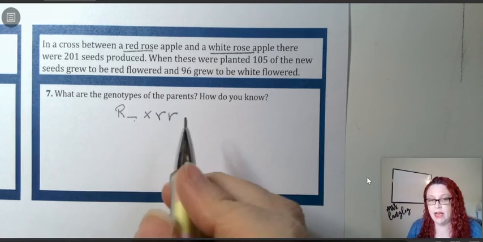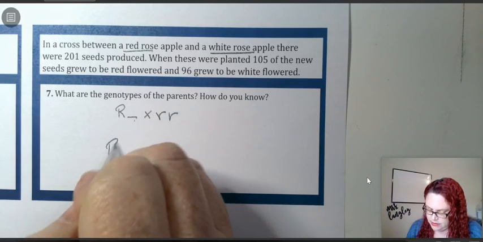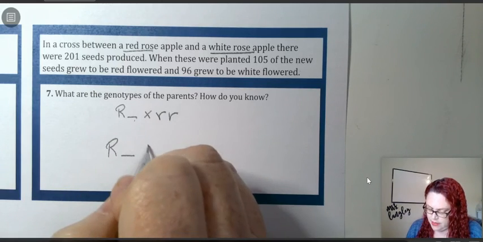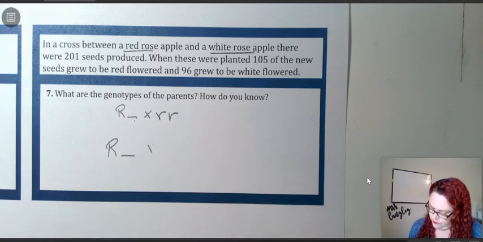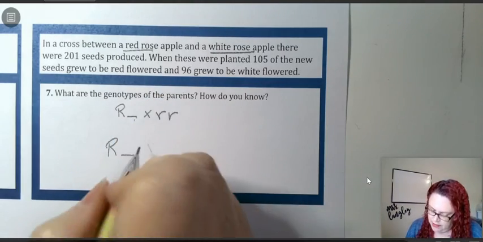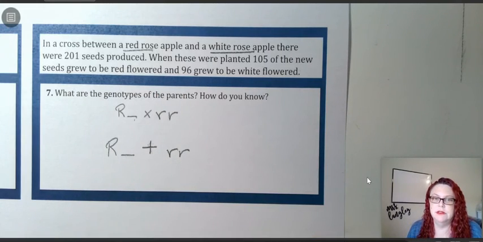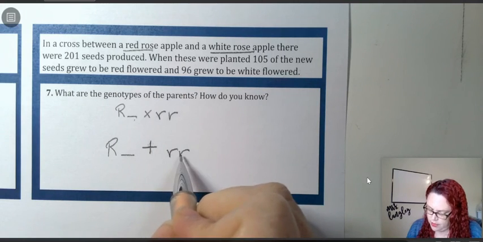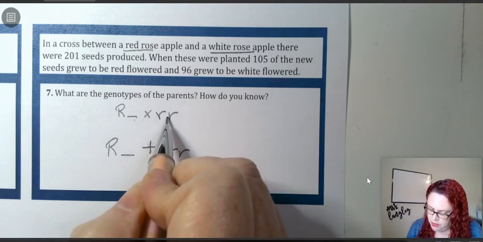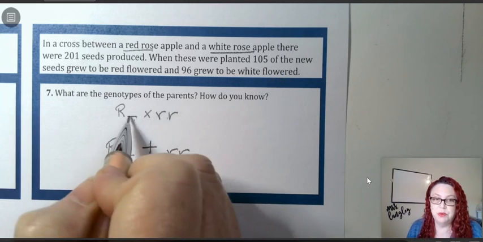But I know that when I had offspring, I had red and I also had white. Okay, so I know that for the white offspring, one of these little r's had to come from mom, but then the other one had to come from dad. But I don't see one written here yet.